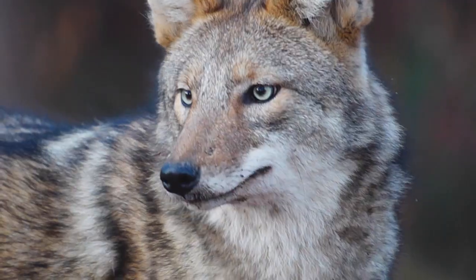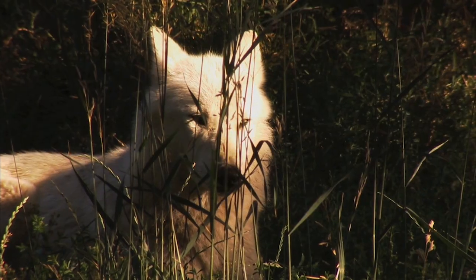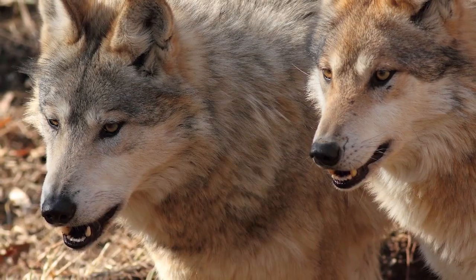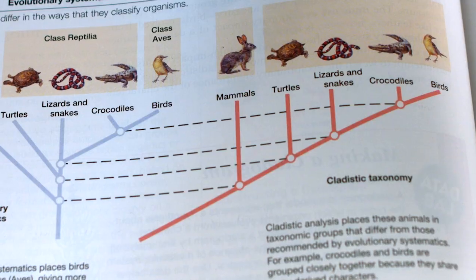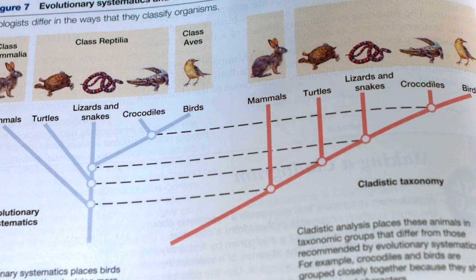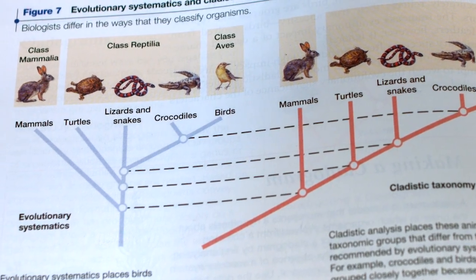Dogs can breed with coyotes, and coyotes can breed with wolves. They called a coywolf, so they must all be part of the same created kind. So they have a common ancestor, but it was the original dog kind that God created, not the transition between a reptile and a mammal like they show in these textbooks.